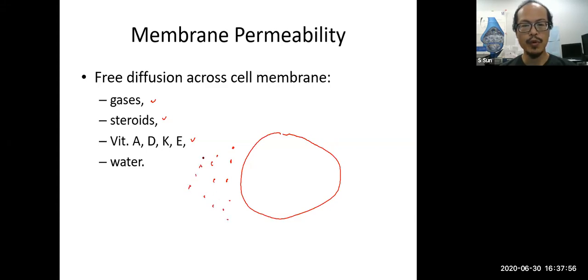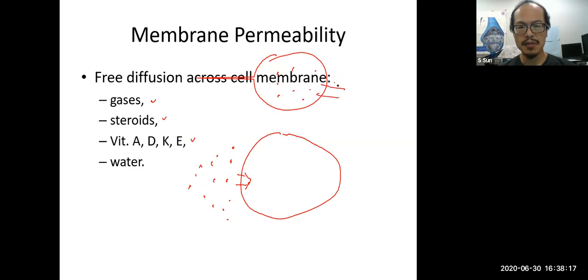Okay, if there are more outside, then the net movement will be into the cell. If there are more in here, then the net movement will be out of the cell. So for these three groups, they are driven by diffusion.